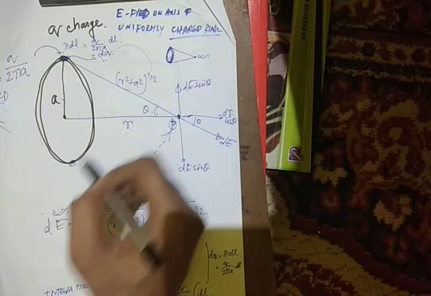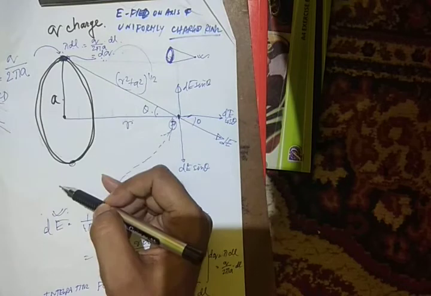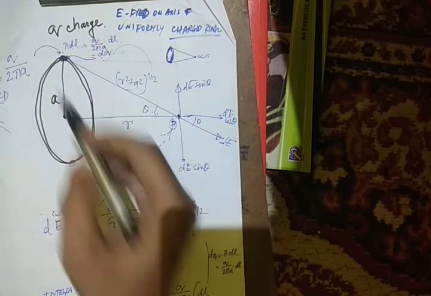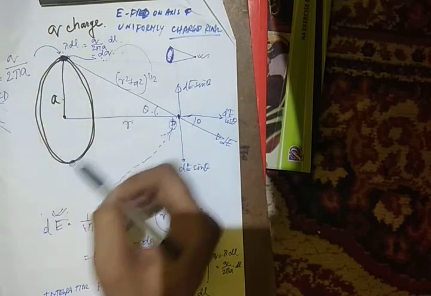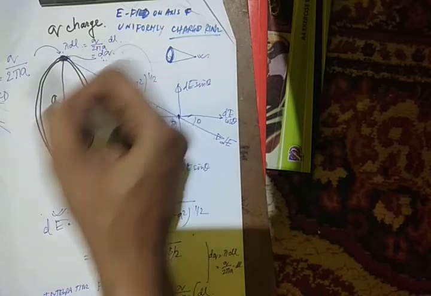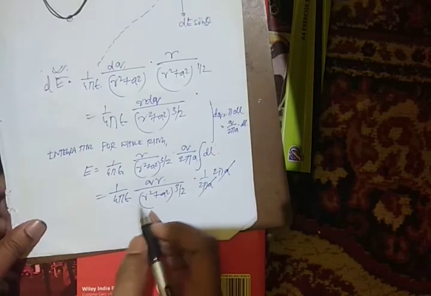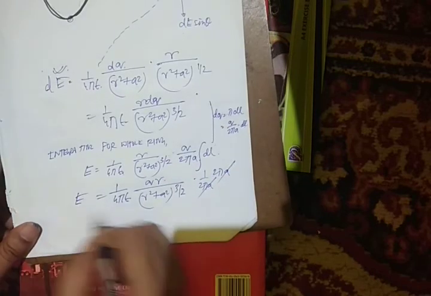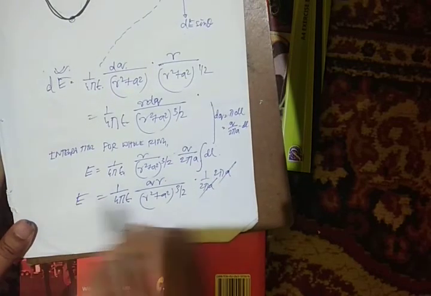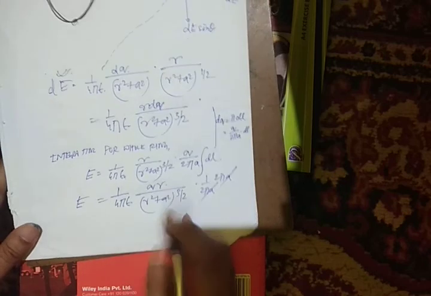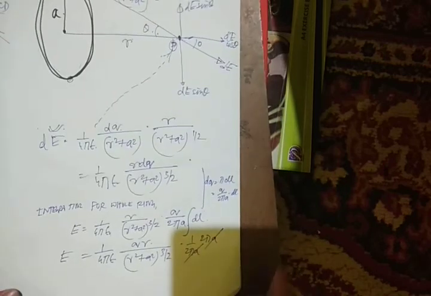If we integrate dl for the whole ring, what will it yield? It will yield the whole length of the ring, that is the whole circumference of the ring, 2 pi a. So this becomes into 2 pi a, it cancels out. So this is the actual field equation for the ring.